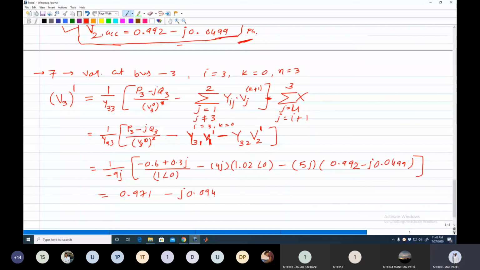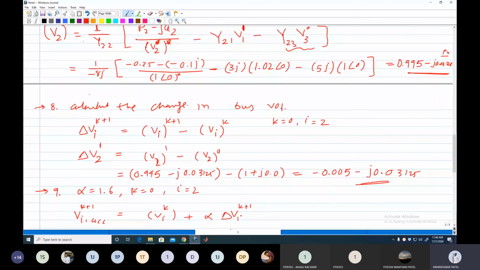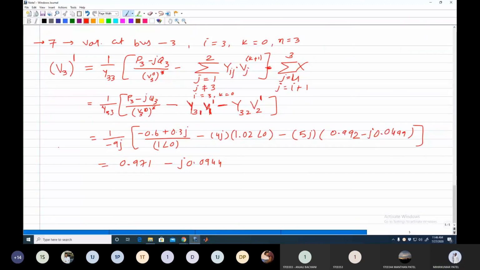Same way, what is the next step? As we have completed the procedure for bus number 2, the same process you have to repeat, step number 8 and 9 again, for bus number 3. So what is step number 8? Yes, step number 8 for bus number 3. Calculate the change in voltage. So the equation for that is delta V3 1, which is equal to V3 1 minus V3 0. So I'll write the values.